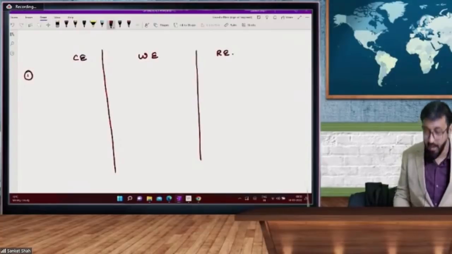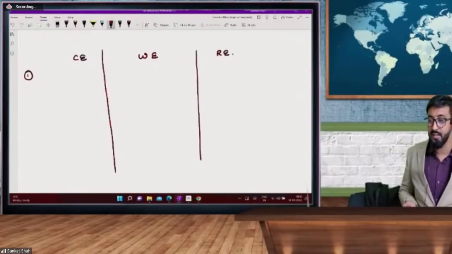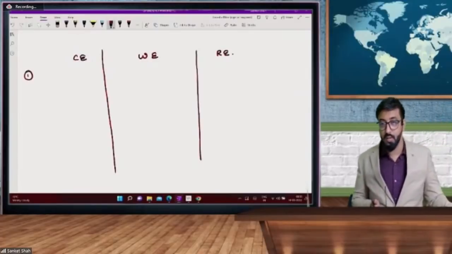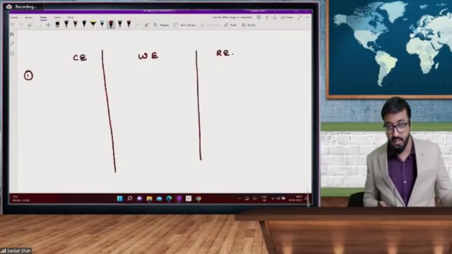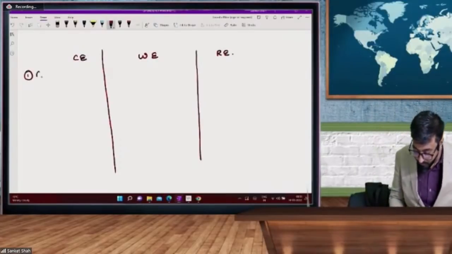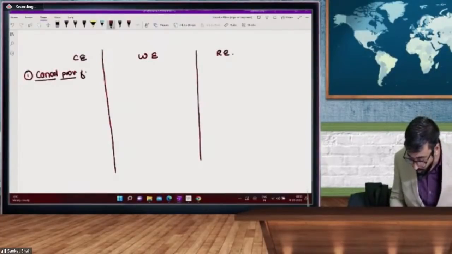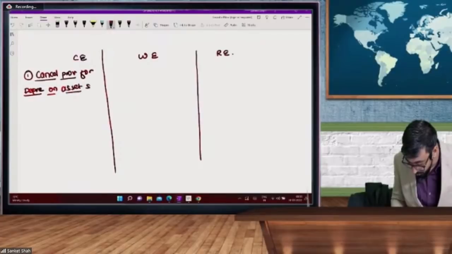Now see, you already covered this in higher purchase. Accumulated depreciation you already covered. Provision for depreciation. See, first, what is the first logic? Cancel provision for depreciation on assets sold. So this is the first entry.